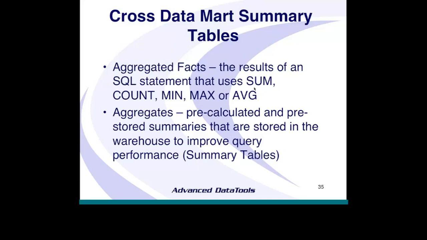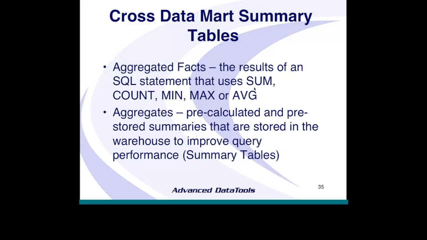Primarily, you do that in a Data Mart for performance so that you don't have to calculate them on the fly. By having them in a summary table, they're there and ready to go. But in an enterprise data warehouse, they are key because this is where you can take data from several different Data Marts and summarize it to the same grain.